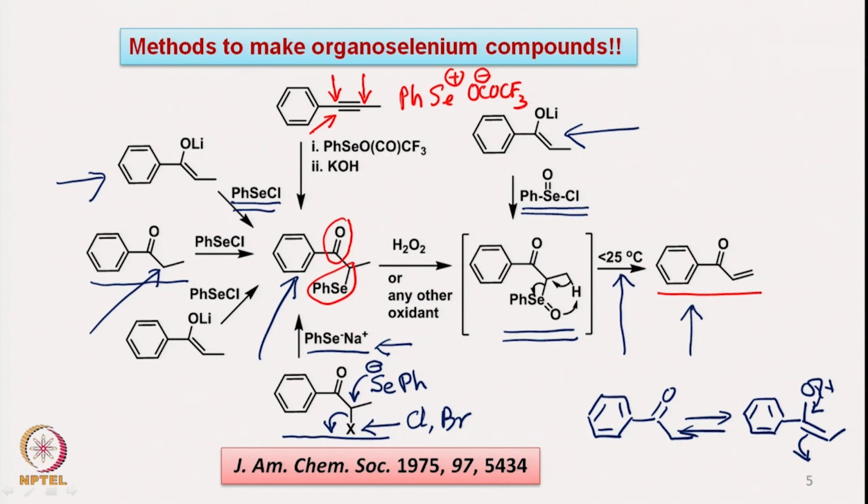So, these are various ways by which one can carry out the reactions of introducing selenium bond or selenium atom or seleno group at the carbon atom of organic substrates.